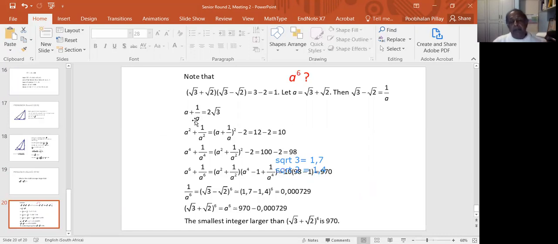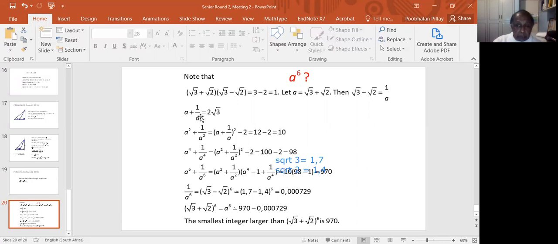Now, this is a very famous identity here, namely that if you've got A plus 1 over A or X plus 1 over X or T plus 1 over T, whenever you got a thing like that, a very useful thing to do is to square both sides. So when you square this side here, you're going to get A squared plus (1 over A) whole squared, which is A squared plus 1 over A squared.